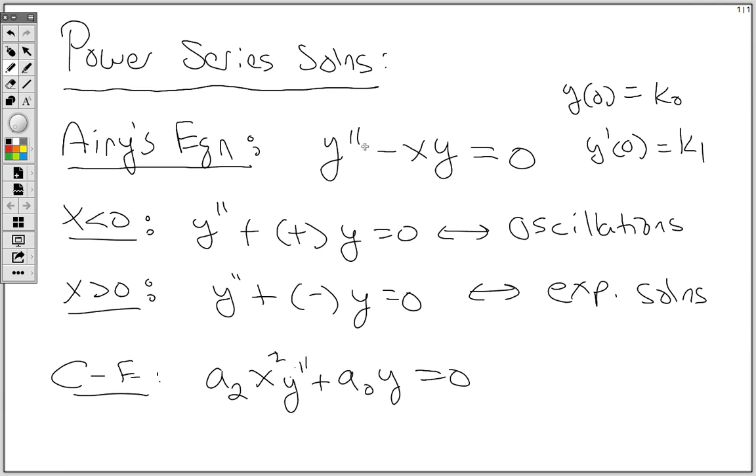And so what we're going to do is make the following ansatz: whatever the solution is, it's a nice enough solution that we can express it in terms of a power series. Right, so that's how we're going to solve it. So let's remember a couple of things about power series.